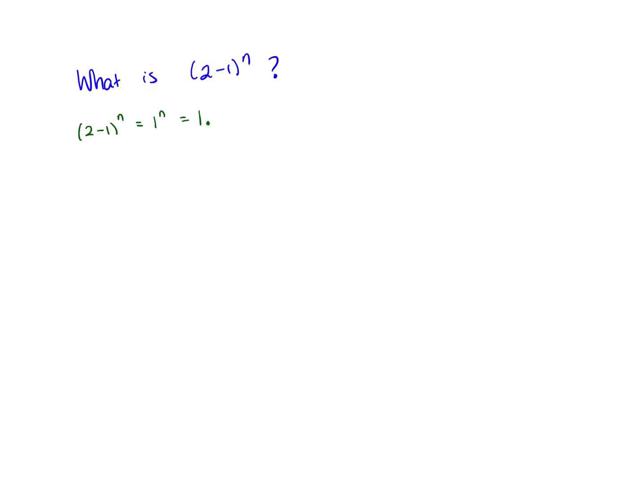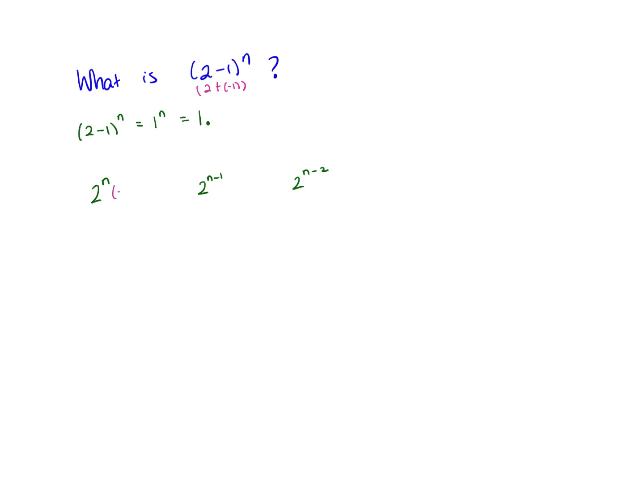So what's this going to look like? I'm going to have a 2 to the n, and then a 2 to the n minus 1, and then a 2 to the n minus 2, and so forth. And then here, I have to think of this as adding on something. So it's like I'm adding on a negative 1.